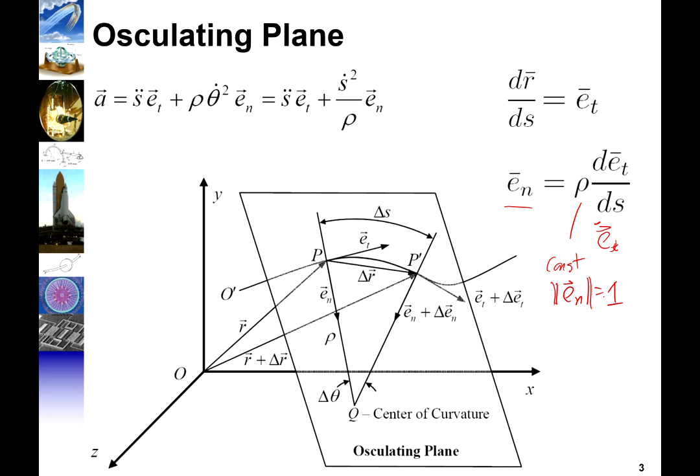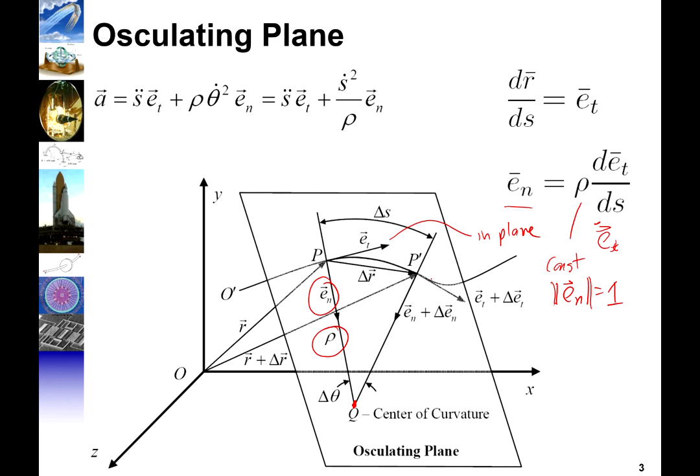So we can picture all of this this way. If we go from one point to another, we'll always have the et vector. This will always be in the plane of motion. And in that same plane, we also have En pointing to the center of the path, and rho is the radius of curvature, or the radius that the point would travel out if it was moving in a circle.